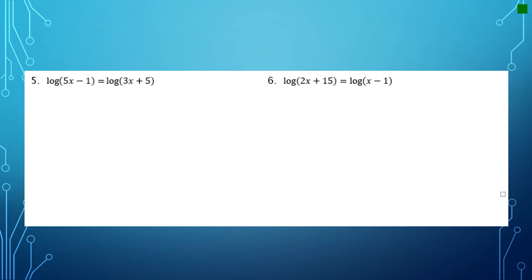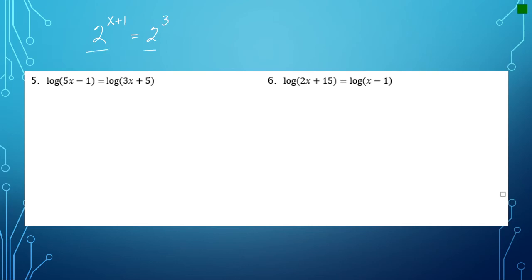All right, these last 2 examples are different than the first 4. We're going to be using a property of logarithms. And it's essentially the same thing we used when we talked about solving exponential equations in lesson 1. Once you get the 2 things to be the same on each side, so when we did exponentials, we were talking about getting the same base on both sides, so like 2 to the x plus 1 equals 2 cubed.